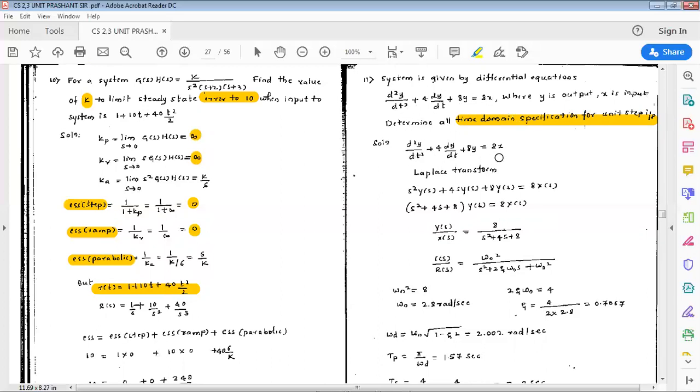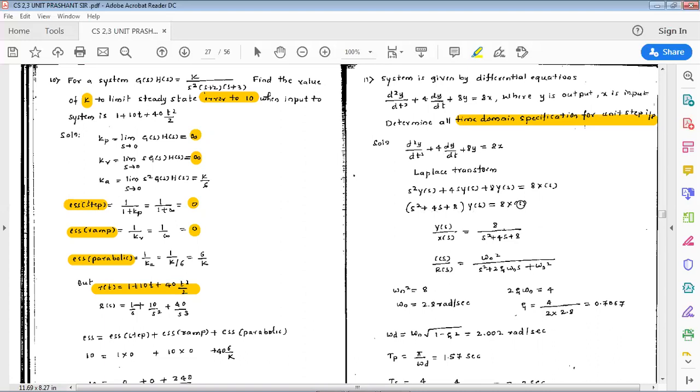Now let us rewrite the given differential equation. If you apply the Laplace transform to the above equation, we will get s square Y of s plus 4s into Y of s plus 8 Y of s is equal to 8 X of s, right? Collect the common terms on the left hand side, Y of s, so s square plus 4s plus 8, which is equal to 8X of s.